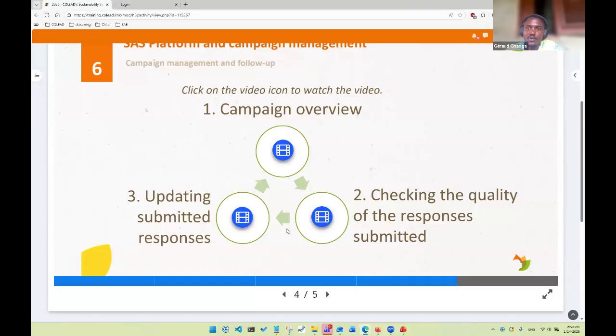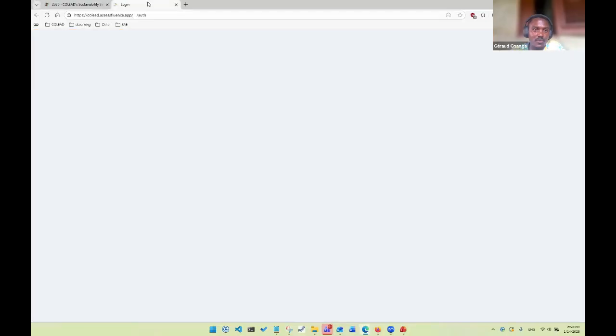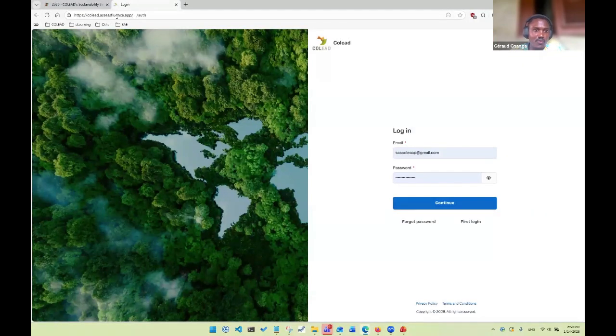But in this session, I want to highlight two things. As I said in the beginning, we are now on the new platform. The platform is a bit different from the previous one. If you look closely at your address bar, you will see that it's not ending in .com as previously, but in .app.